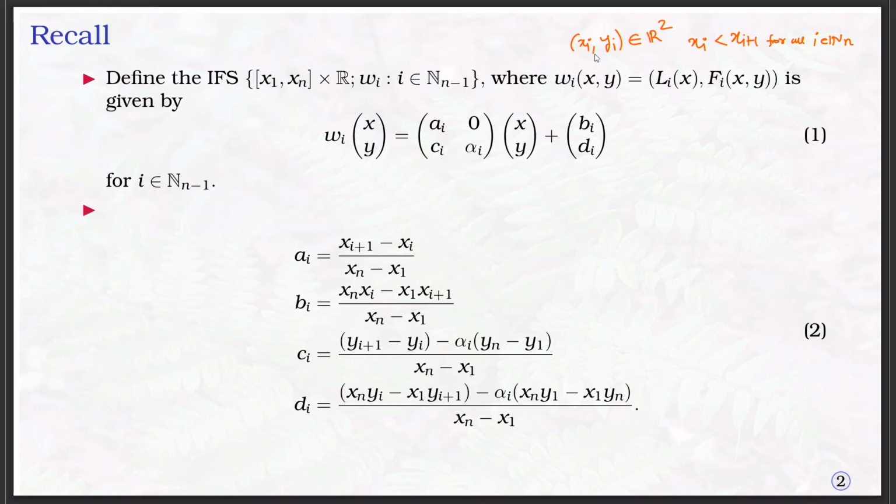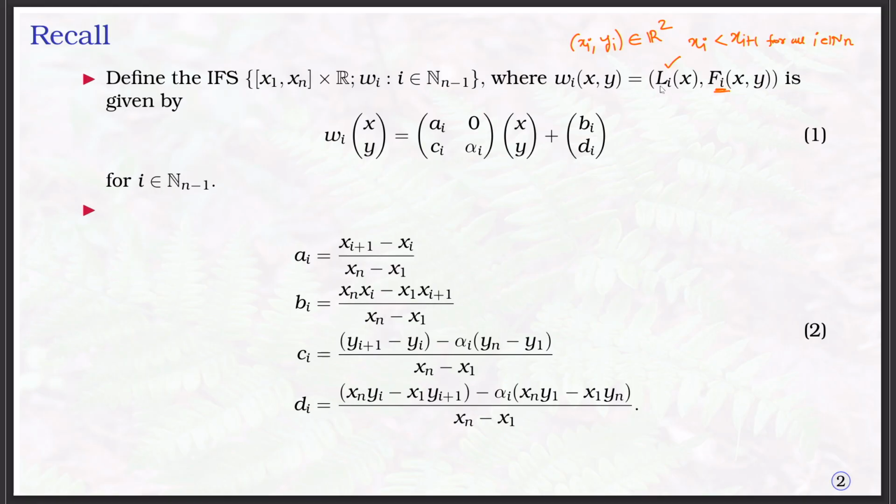For constructing the fractal interpolation function for this data, first let us construct two functions, one controlling the vertical direction, another controlling the horizontal direction. For the horizontal direction we use Li in the x direction, and for the vertical direction we use Fi.